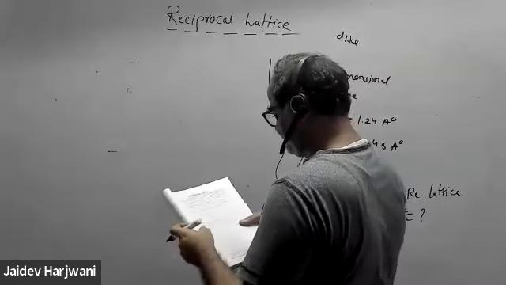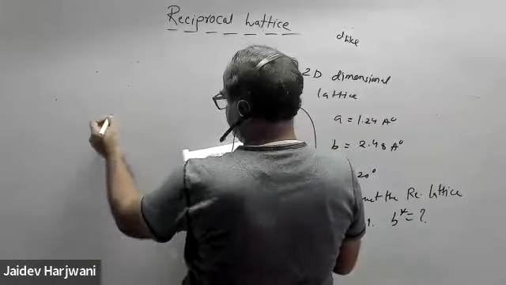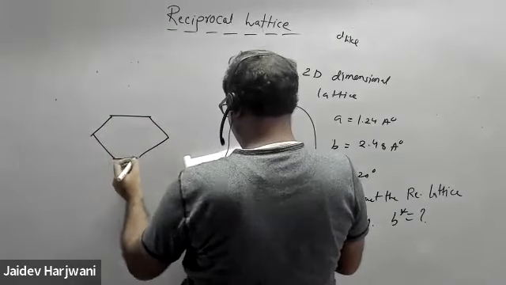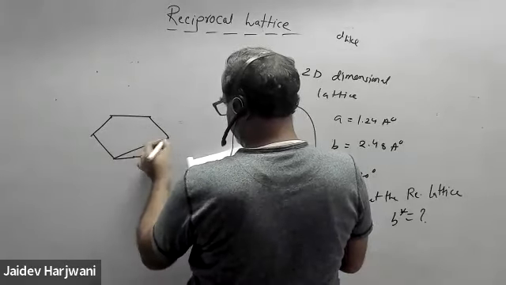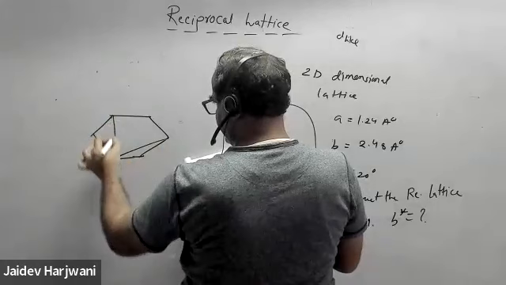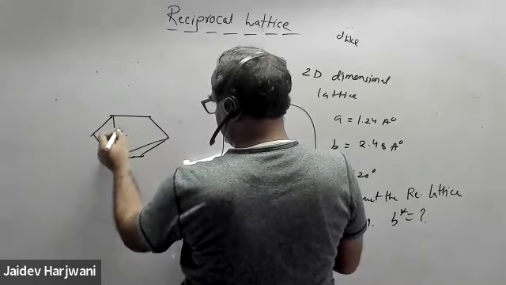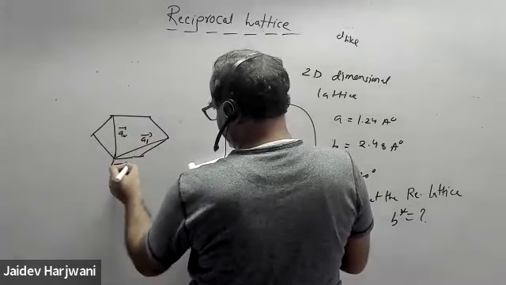Now again, you have been given a honeycomb lattice, and you have been given this vector a. So this is your a2 and this is your a1, and this is your distance a.